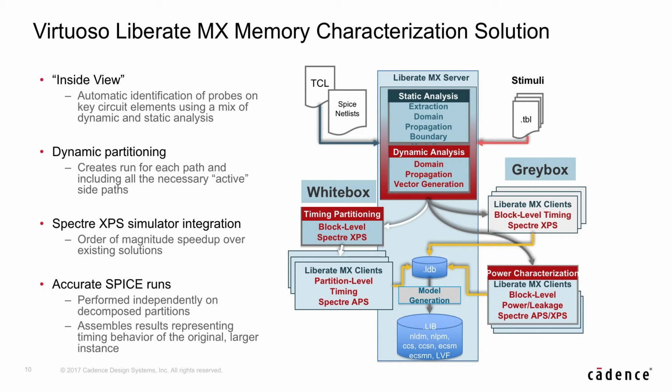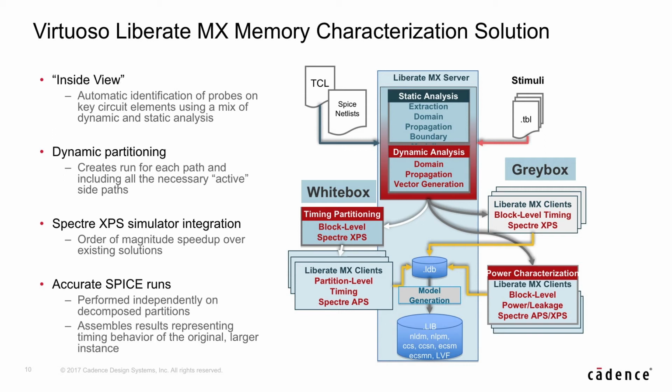What that enables you to do is get accuracy, because instead of simulating the entire memory array, you are simulating this critical path with all the necessary branch side effects captured, so that you can use an accurate SPICE simulator to analyze it.